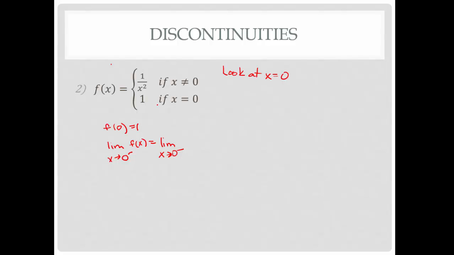This one's a little bit different than the examples we did in the previous section because this doesn't have greater thans and less thans, but it does have equal to and not equal to. And remember, limits are about what happens near a value, not at the value. So since we're coming at 0 from the left, we just need to pick the piece that isn't exactly equal to 0. That's the top piece.